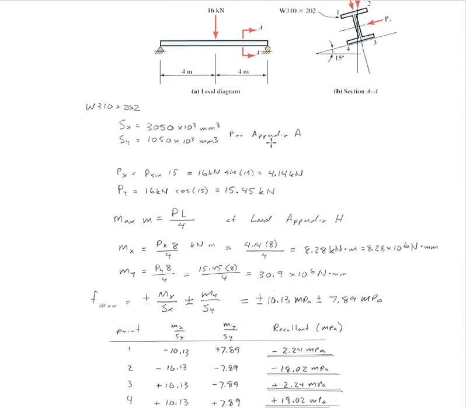Okay, for the solution, we're going to go into Appendix A, and we're going to find out what the section modulus of this W310-202 beam is going to be. So our section modulus in the x direction is 3,050 times 10 to the third millimeters cubed, and our section modulus in the y direction is 1050 times 10 to the third millimeters cubed.